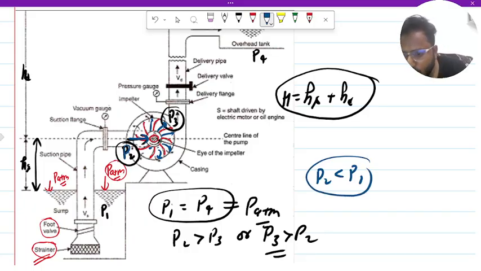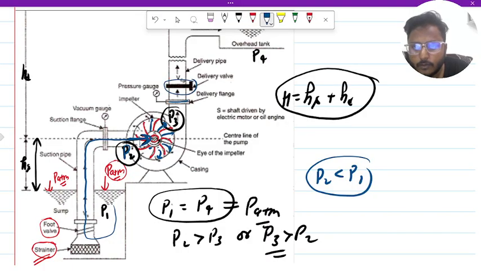Hence the fluid from the sump is lifted towards the pump, and then thrown out towards the wall. There is a gathering of fluid particles which will not be delivered to the overhead tank until the delivery valve is opened.